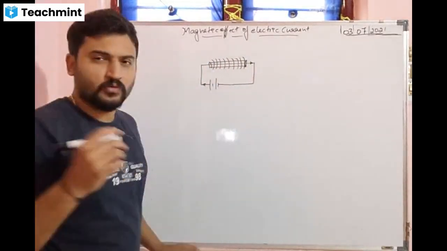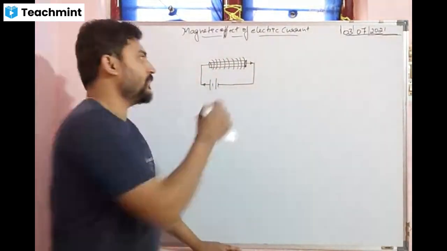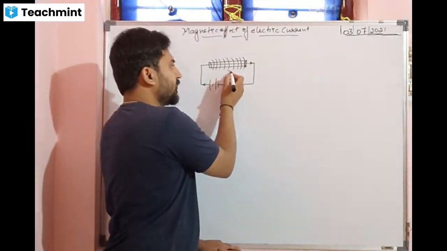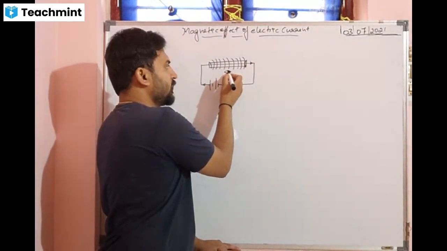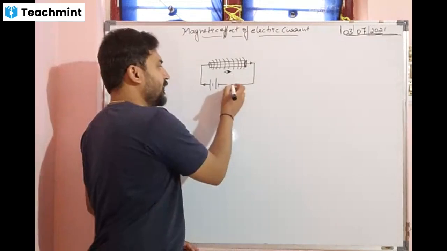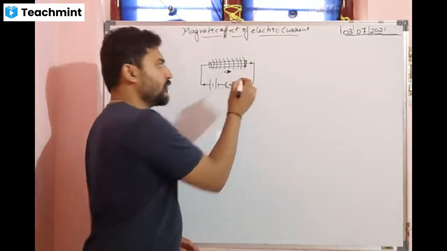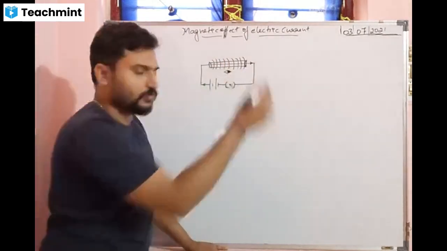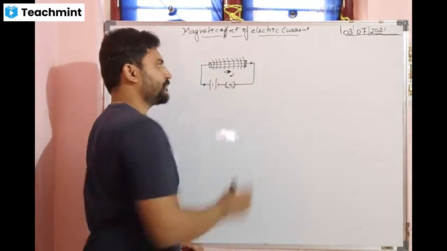What did they do to prove this? There was one experiment, the Oersted experiment. There they kept the compass here, isn't it? They kept the compass here, and what happened when they switched on the key? When they switched on the key, there was current passing through the conductor, and there was deflection.